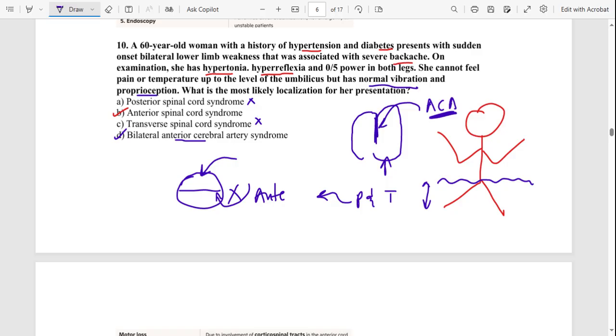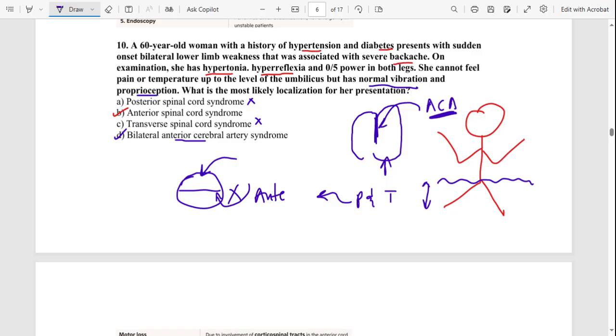All right, thank you so much. Just another thing to add to what the doc has said. If it's bilateral anterior cerebral artery syndrome, as the doc has said, there's going to be lower limb weakness. But with the sensation that has been presented, more likely we are not going to present with a sensory level dysfunction.